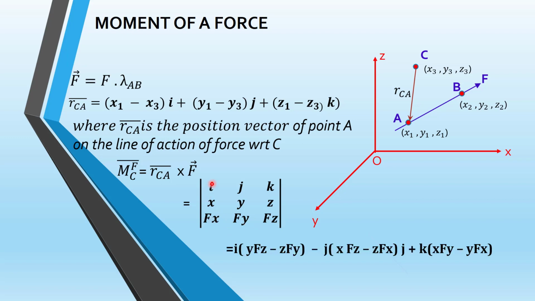This is again equal to i (y Fz minus z Fy) minus j (x Fz minus z Fx) plus k (x Fy minus y Fx). So, this is how we will be finding out the moment of the force F about the point C.